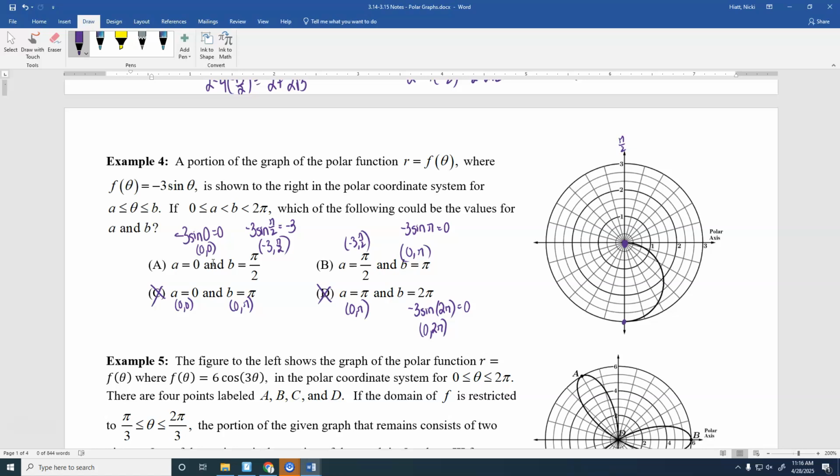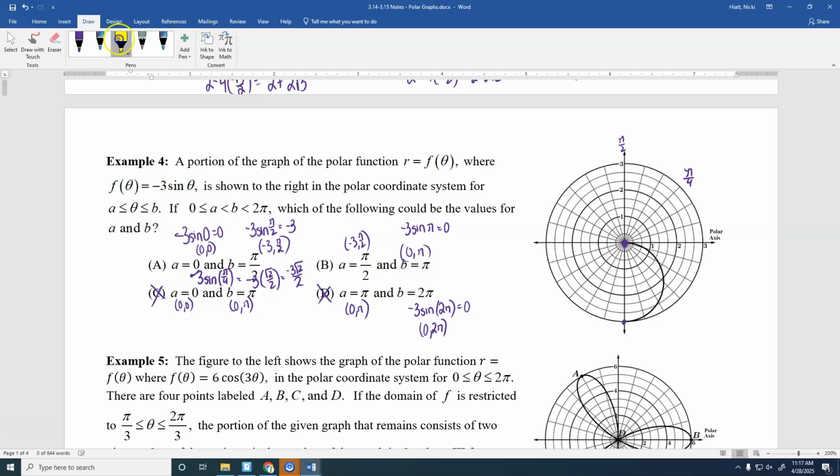So if I do negative 3 sine of pi over 4, that is going to be negative 3 times the square root of 2 over 2, which is negative 3 square root of 2 over 2. So I'm plugging in pi over 4.